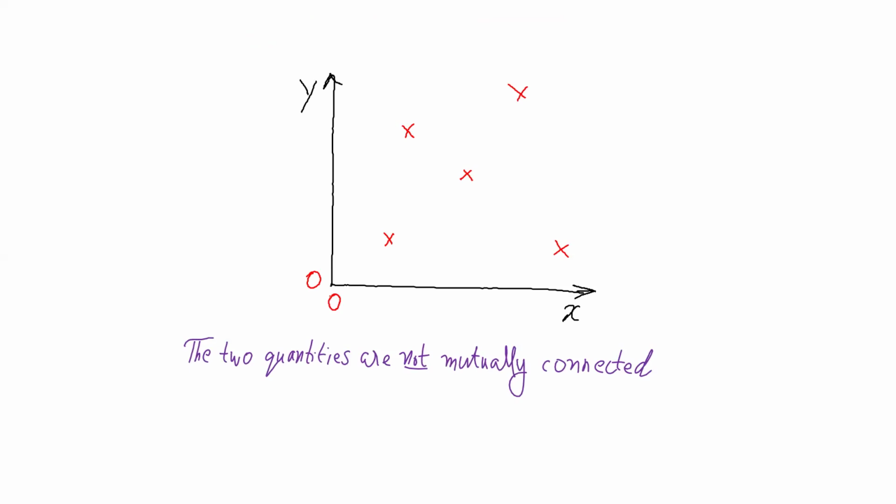It cannot be either going upward or going downward. Now copy this. This is called no correlation.